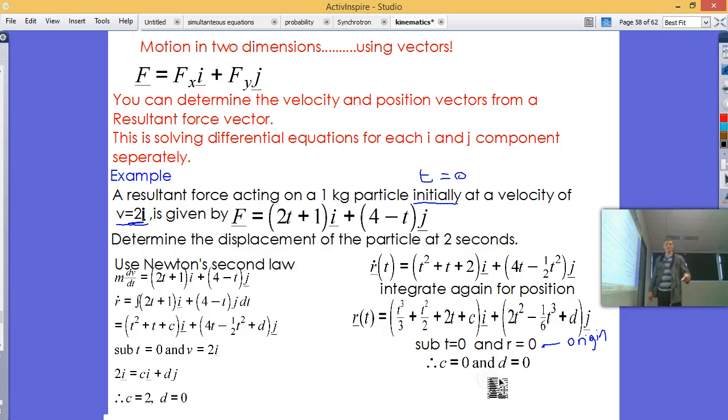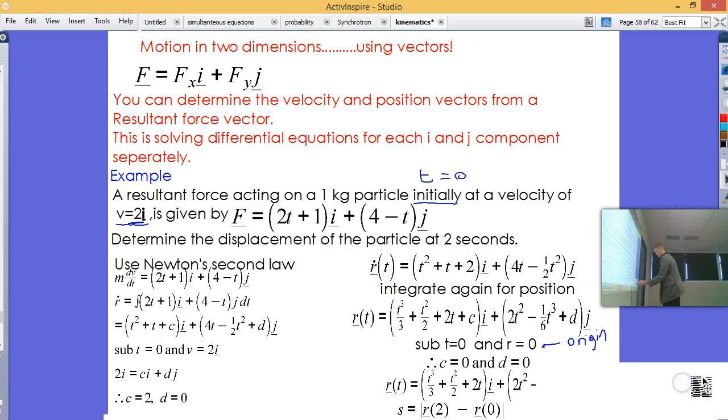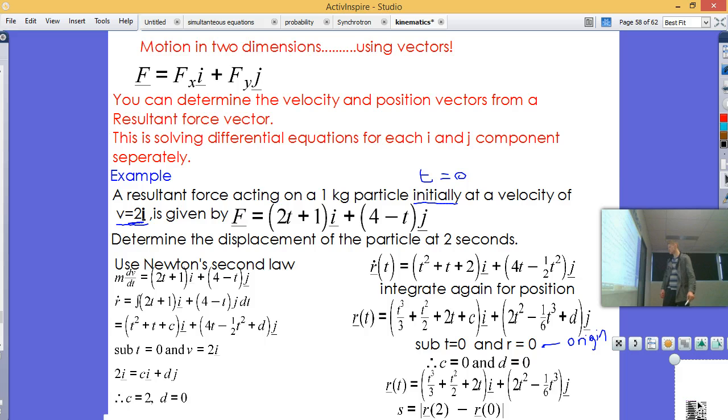And we get our values for integrating constants by substituting that in. And finally, there's our complete position vector. Now, if I'm interested in something like the distance traveled or the displacement of the particle, I'm going to get my displacement in this manner. Okay?